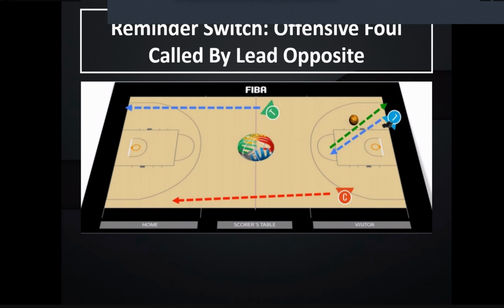If we happen to get a switch wrong one time, as long as we end up with 2 officials ball side and 1 opposite, let's go with it. And just try to get better next time. That is a very quick introduction to switches.